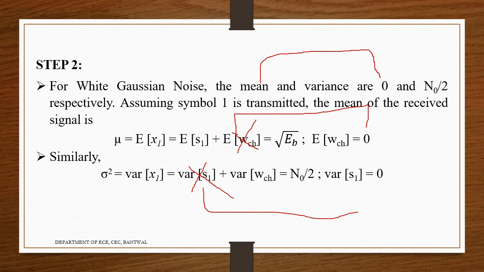The variance of S1 is always 0 because square root of EB is a constant value. So I have substituted the value N naught by 2.